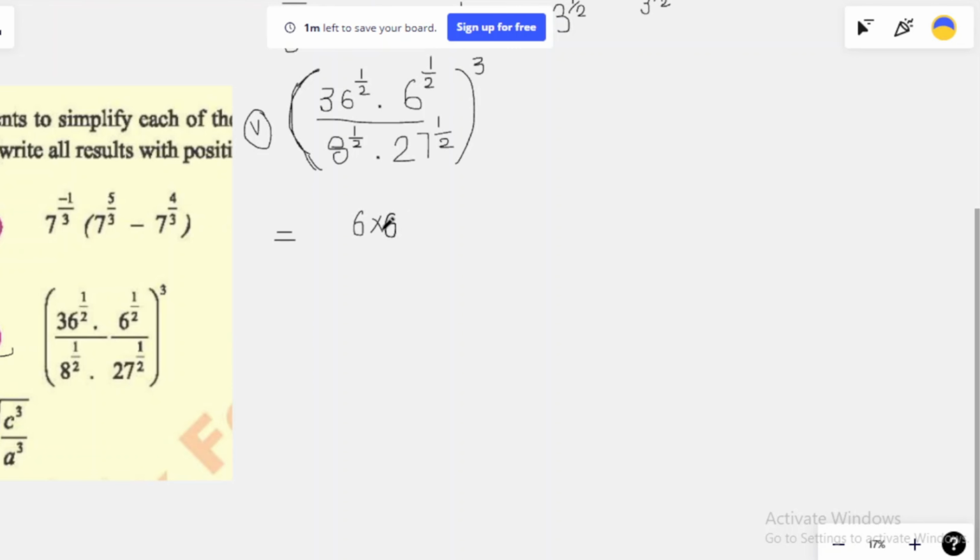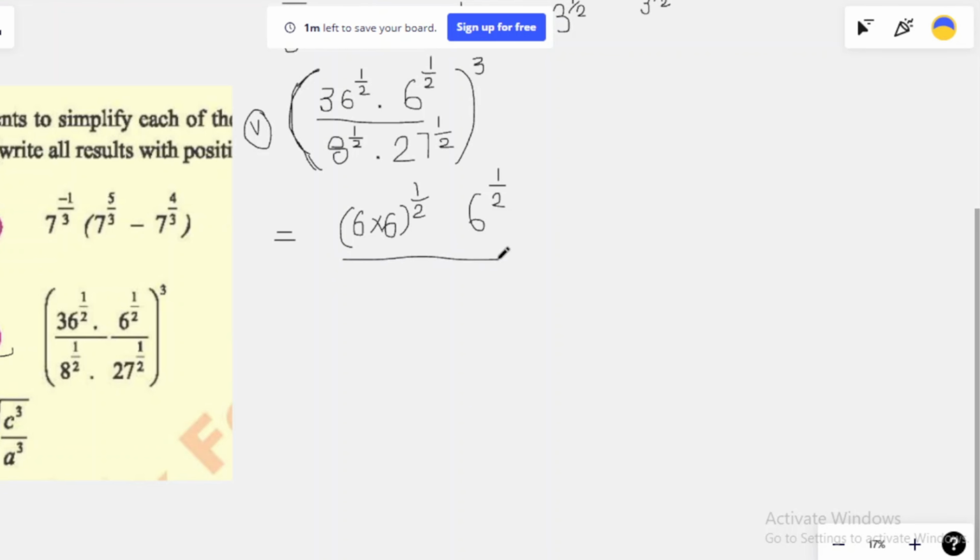So instead of 36 we can write 6. Then here it's simply the square root of 6, but we know there is no such number which can be multiplied with itself to give us 6. So this will remain as it is, 6 raised to the power 1 over 2.